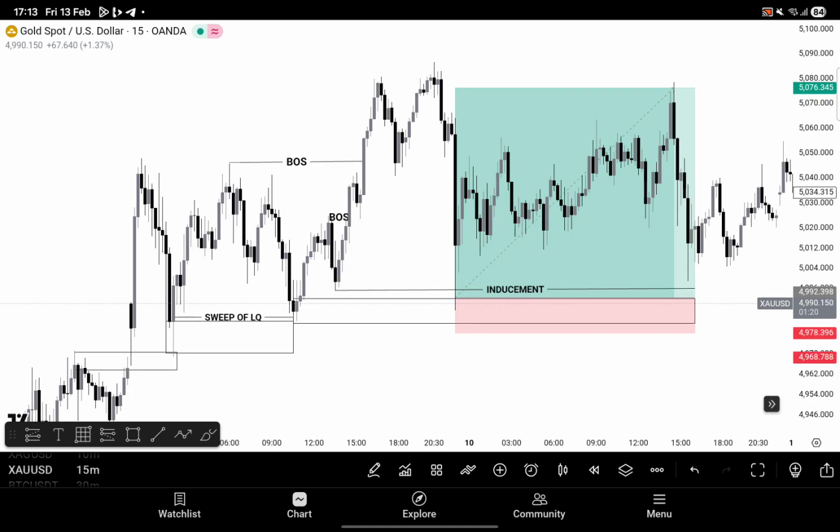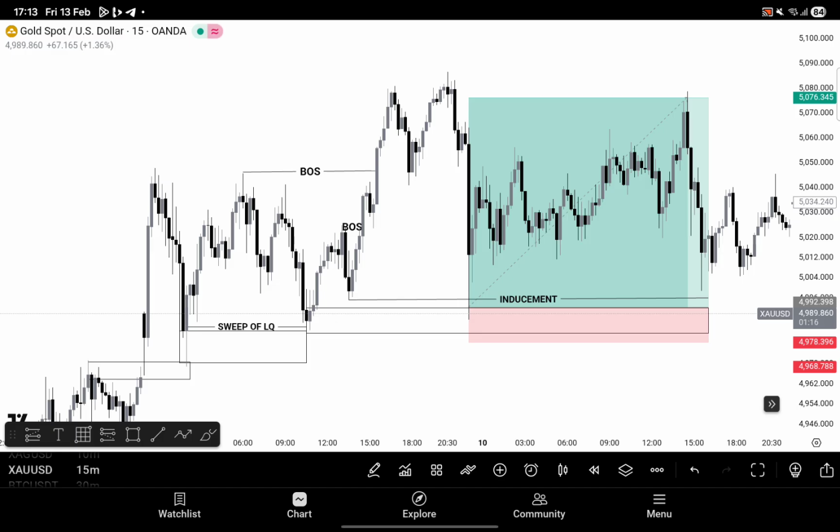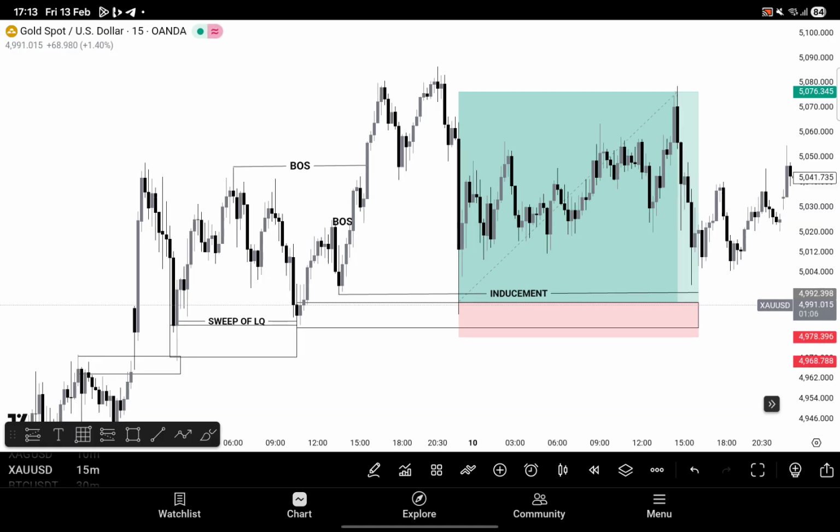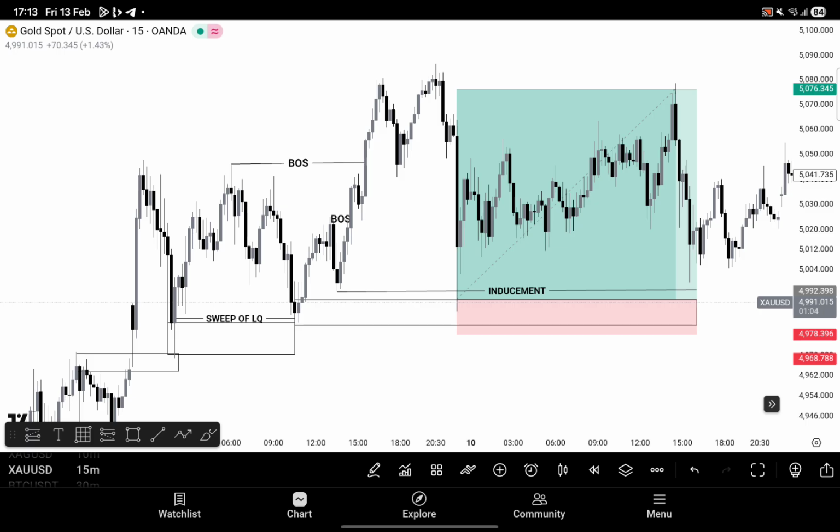All right. You can use the understanding of everything I explained on the textbook diagram of this particular entry model. You can import that on the chart now, and this is how you follow up on the chart. You can see the narrative of how price started.